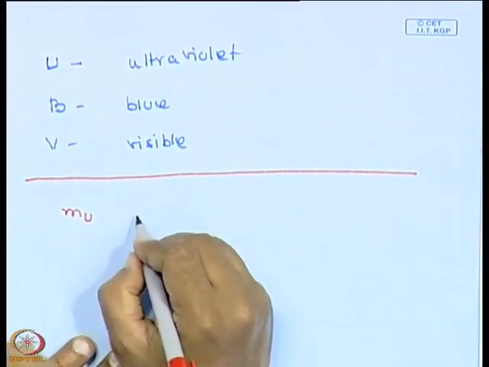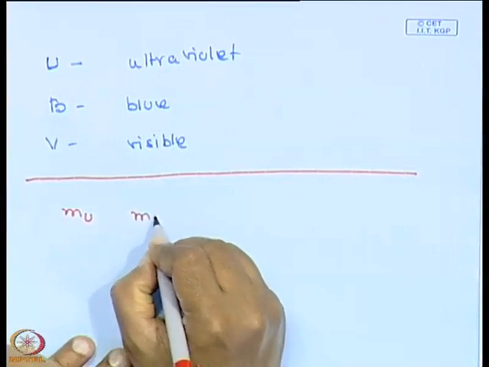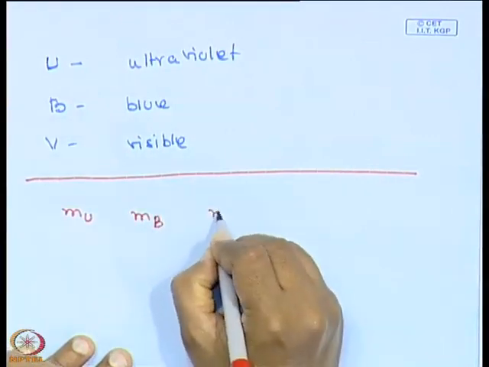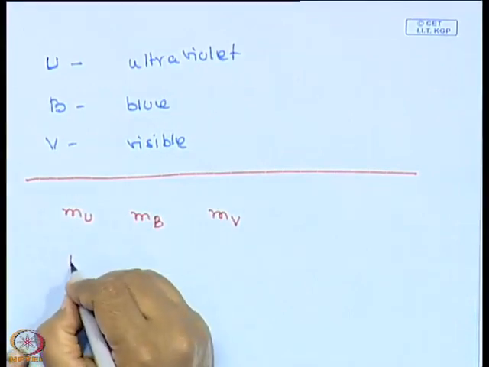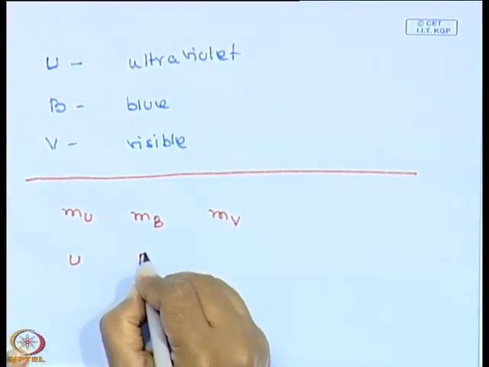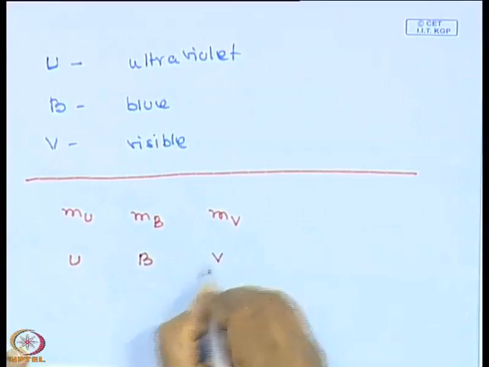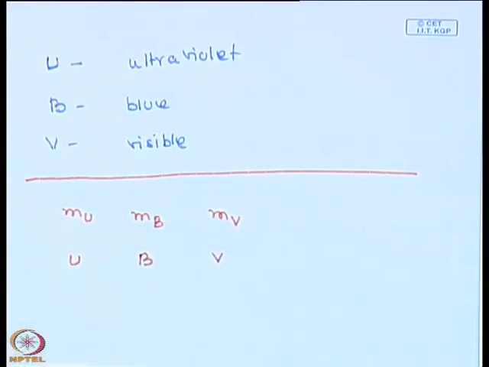The apparent magnitude in the B band will be referred to as mb, and the apparent magnitude in the V band will be referred to as mv. Okay. Or it could be U, B and V. So there are different notations to refer to the apparent magnitude in different bands.